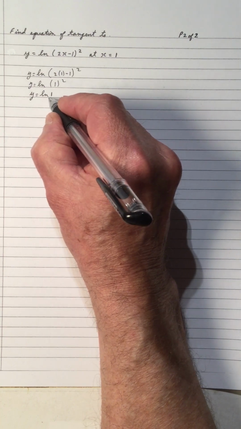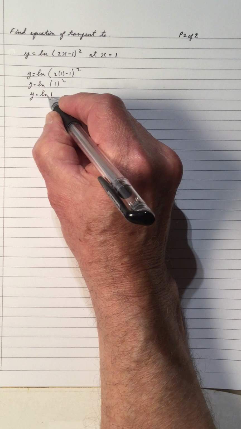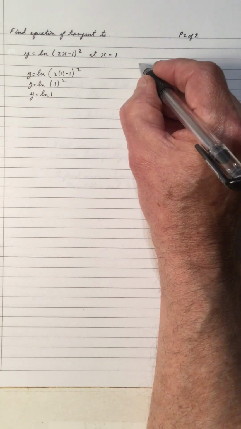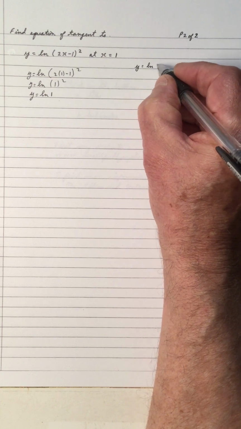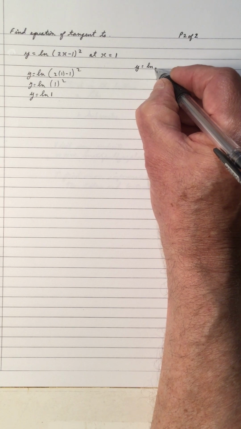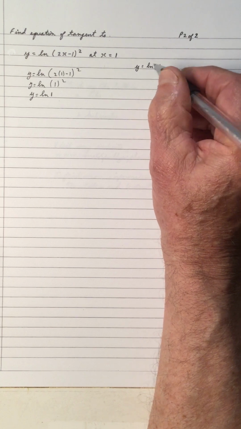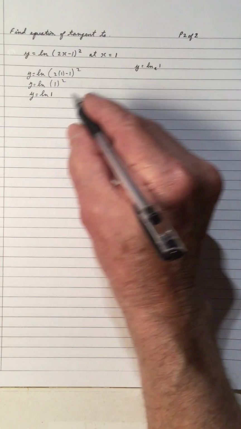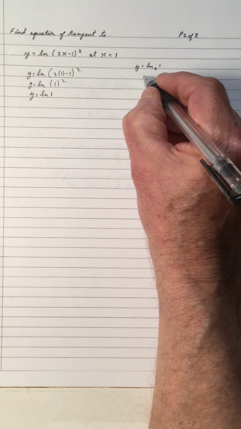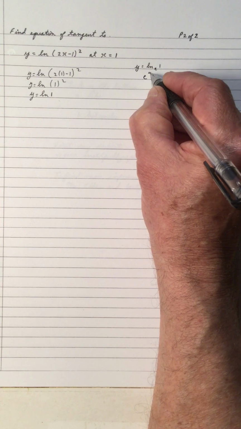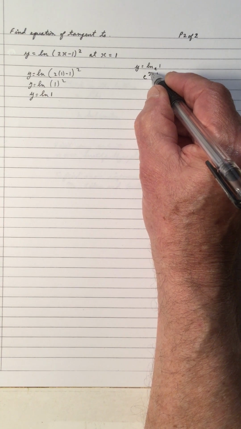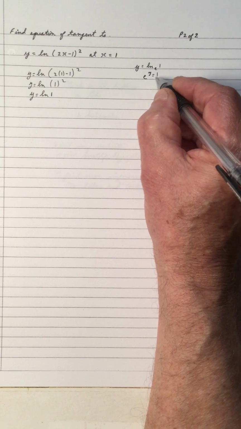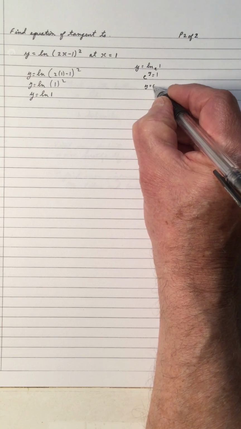The ln is base e, so base, exponent, number. What power of e gives me 1? That means it's 0.